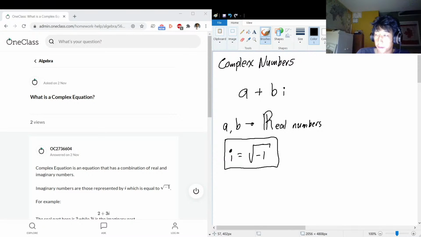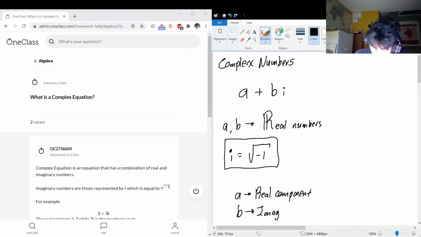Now this right here is the fundamental part of complex numbers and complex equations. When you see an I, pretty much just treat it like a variable, or just know that it's the square root of negative 1. It's an imaginary number. You can't really incorporate that into a single real number. It has a real component, so A is the real component. B is the imaginary component. That's essentially what a complex equation is.